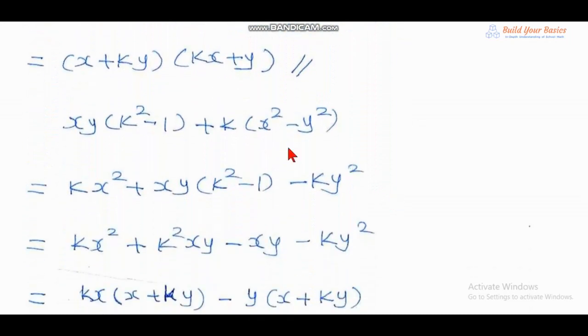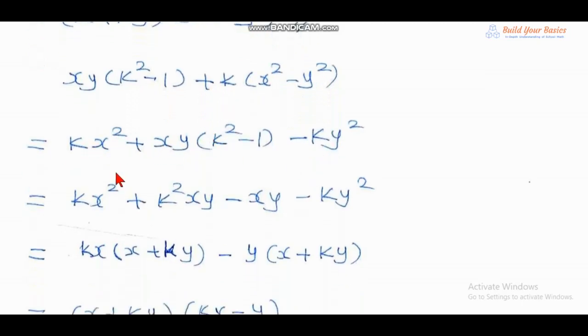Then taking up the second expression, xy into k squared minus 1 plus k into x squared minus y squared. That is kx squared plus k squared xy, here xy into k squared minus 1, plus minus ky squared.